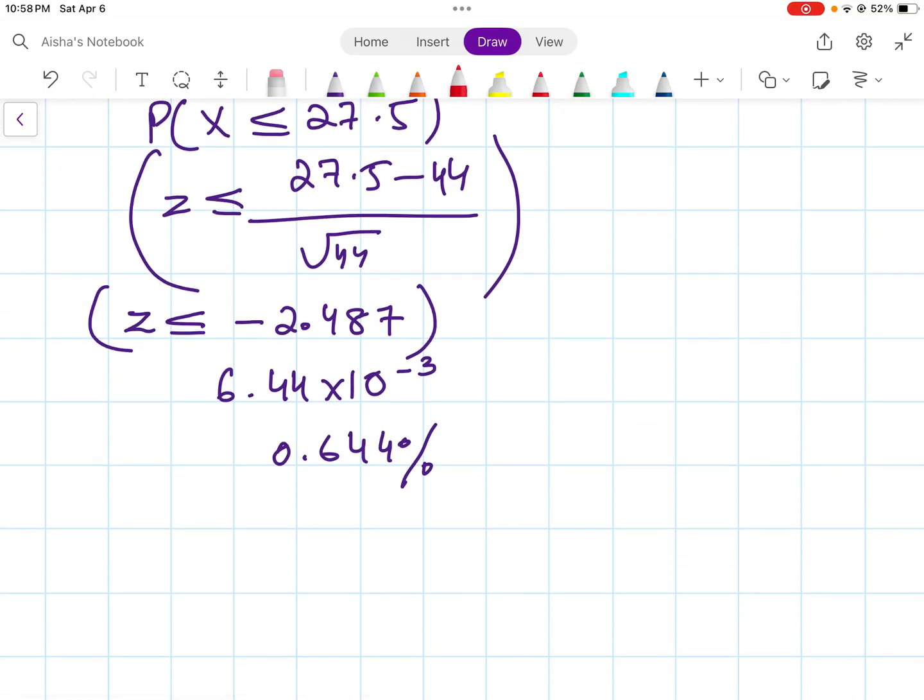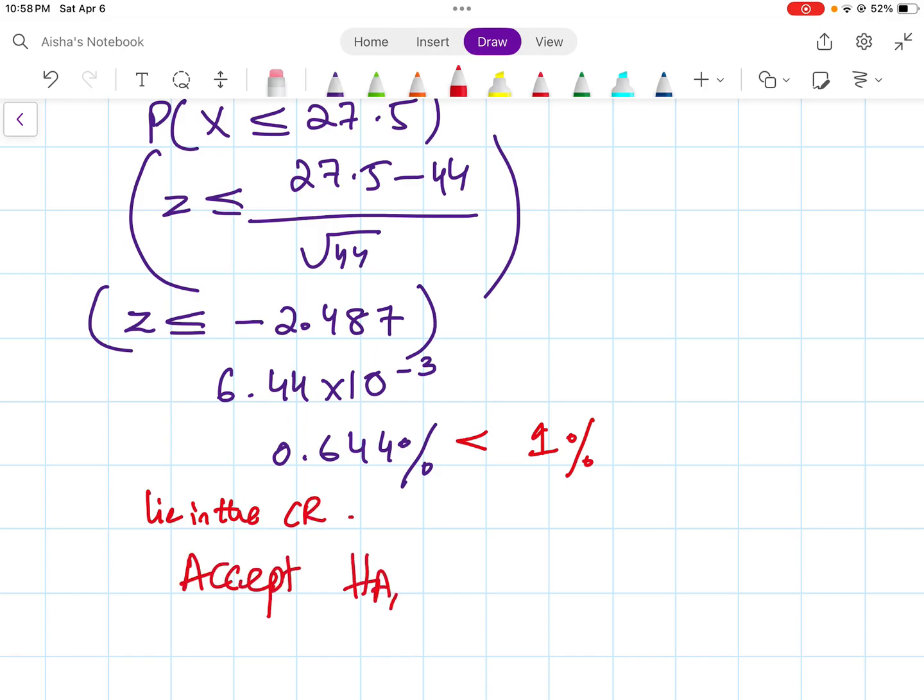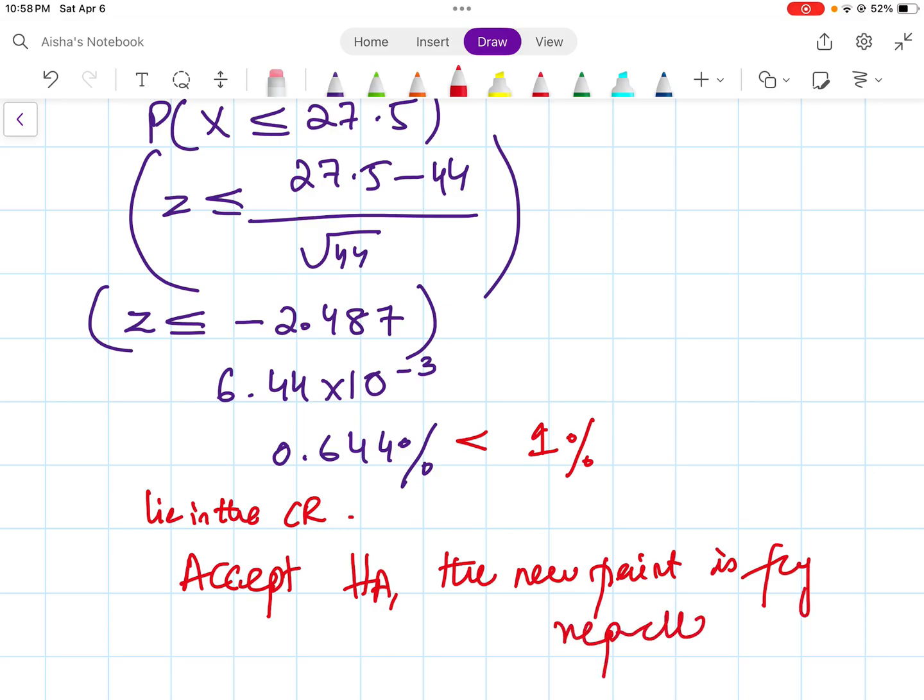Now this probability is less than 1%. That means you lie in the critical region. So accept the alternative hypothesis that yes, the new paint is fly repellent. One way of doing it is that I reach the conclusion using the probability.